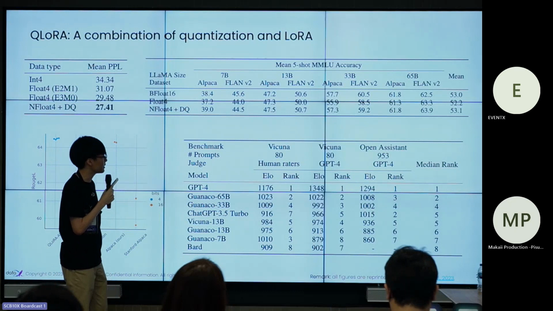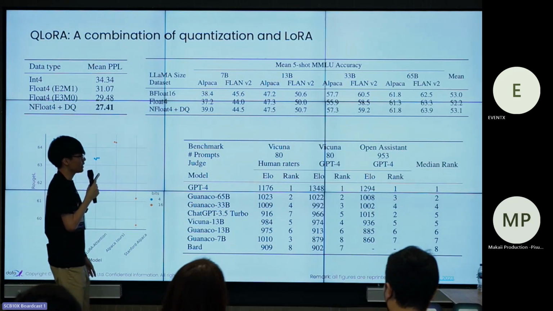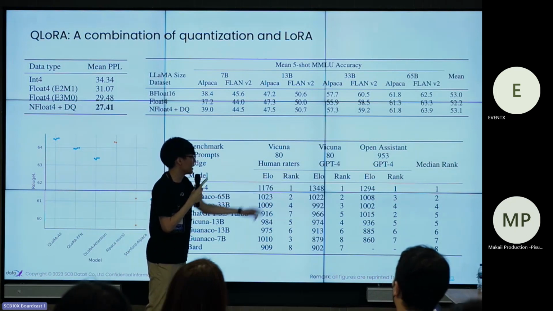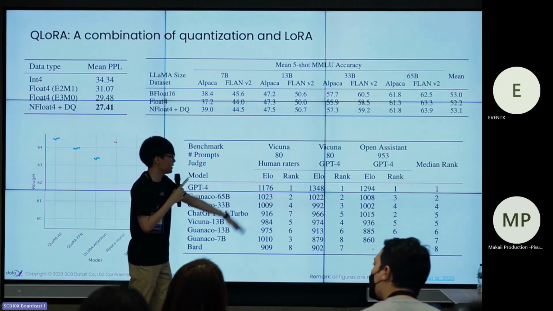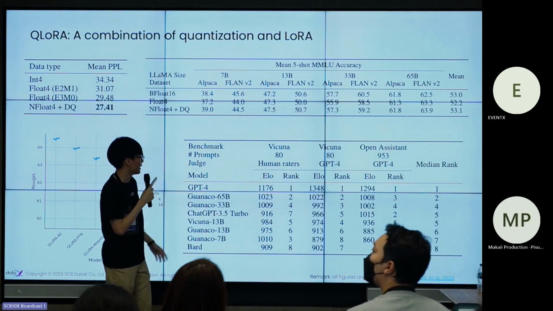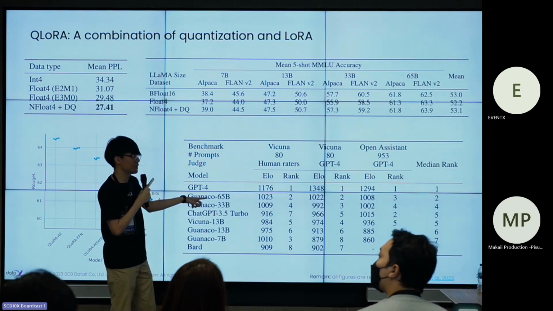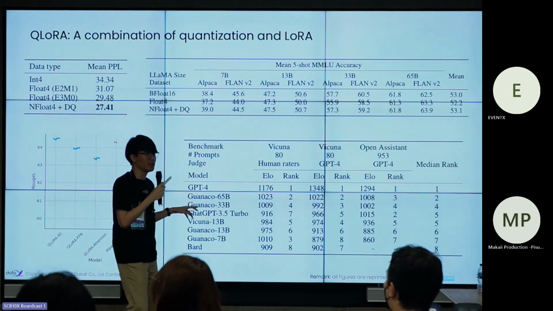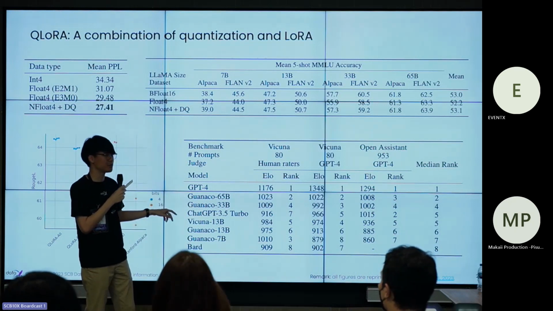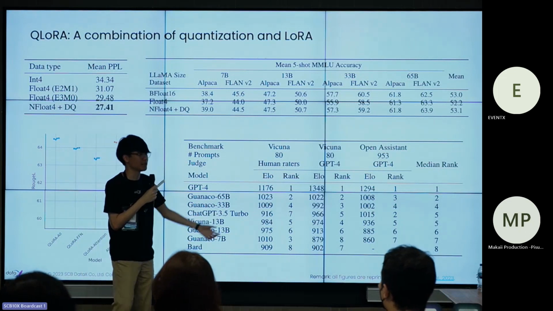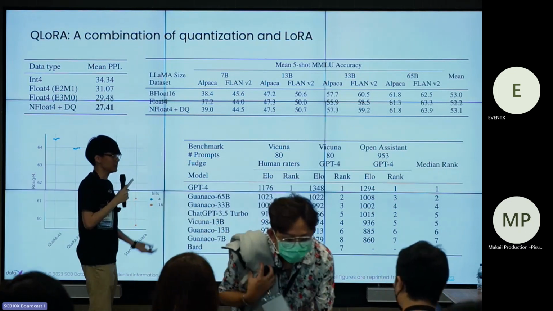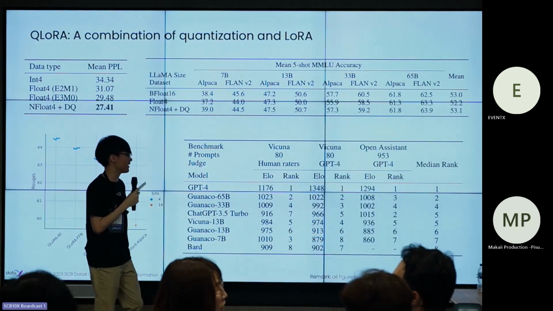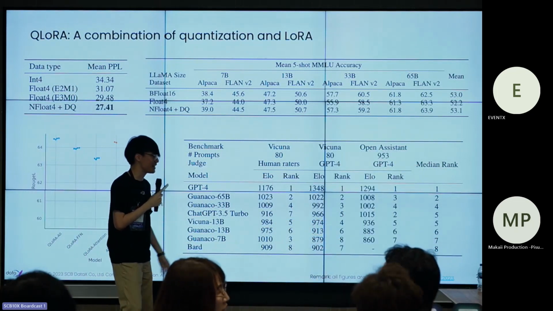And here is the result where they have a metric called Elo, which is basically a ranking score. Guanaco here is the model fully trained with the QLoRA technique, and they achieved better than GPT 3.5 Turbo, and we trained with only one day of budget, something like that.